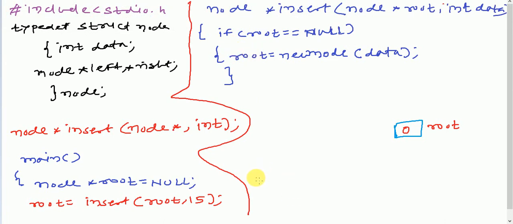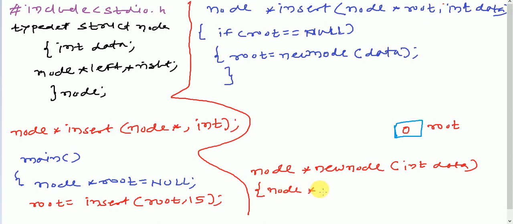So here you can say node star new node, int data. Okay, and then here you can say node star temp, and we can say temp is equal to node star malloc size of node.